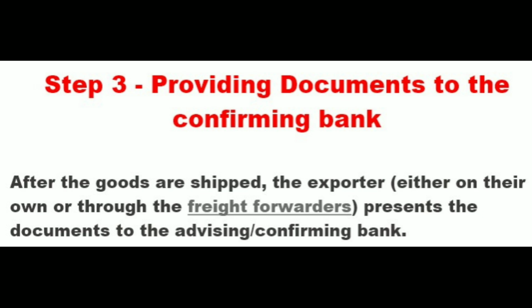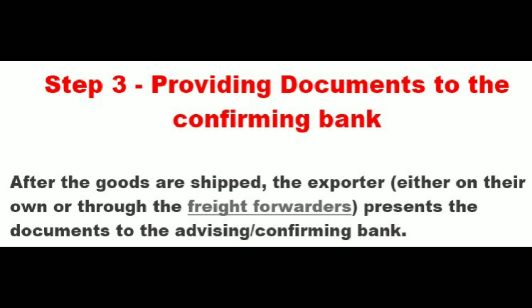Step 3, providing documents to the confirming bank. After the goods are shipped, the exporter presents the documents to the advising bank. As we know, one of the important parts of the letter of credit system is the submission of documents required by the bank within the prescribed time limits.